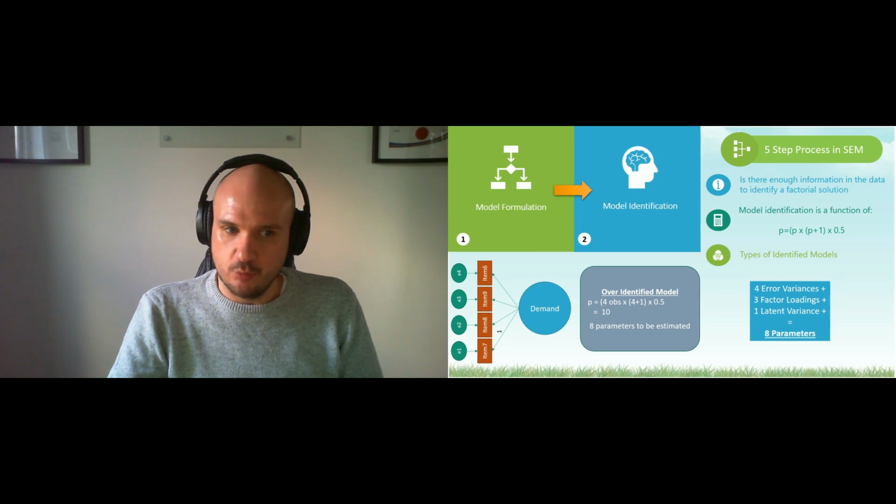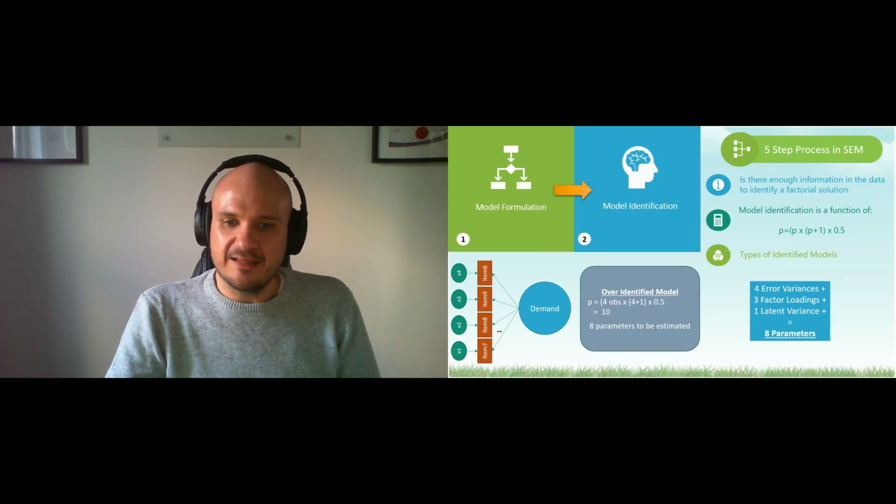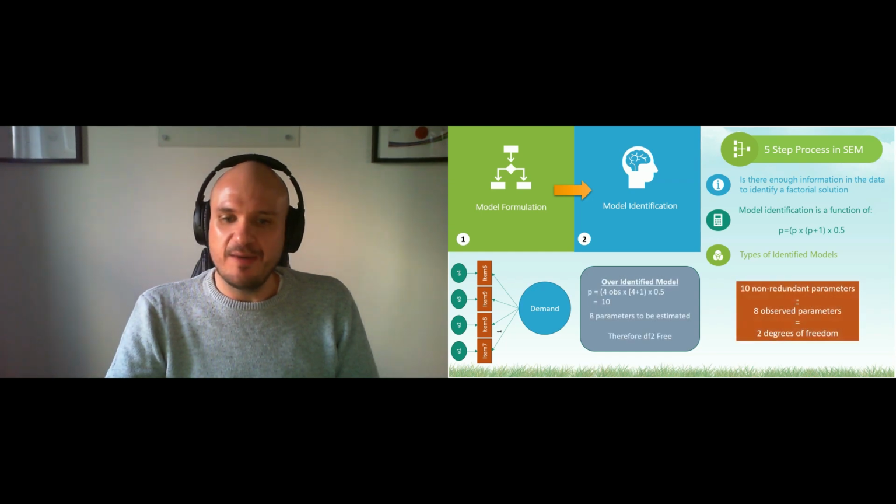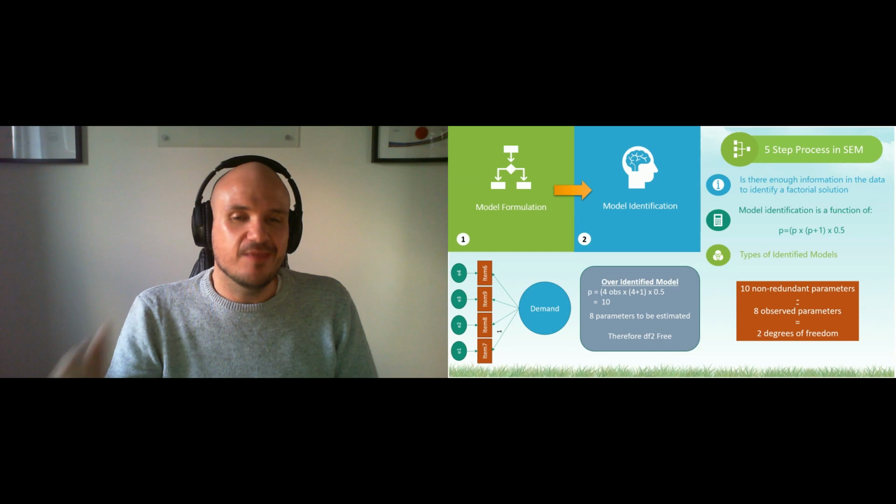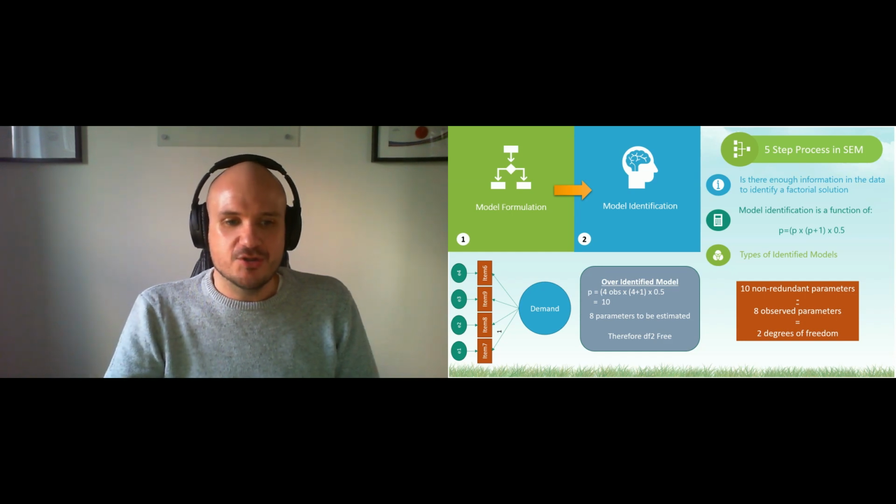Because 7 is constrained to 1. And we have to estimate 1 latent factor variance. So this thing that doesn't exist, we have to estimate. So there are 8 parameters to estimate, and we've got 10. Grade 1 mathematics tells us if we have 10 apples, and Sana wants 8 apples, that leaves us with 2 apples left. And that's amazing. We can move on. So this is the type of model we always want.